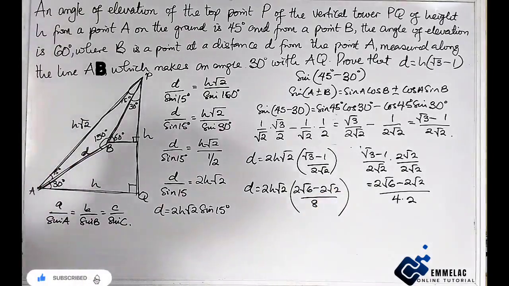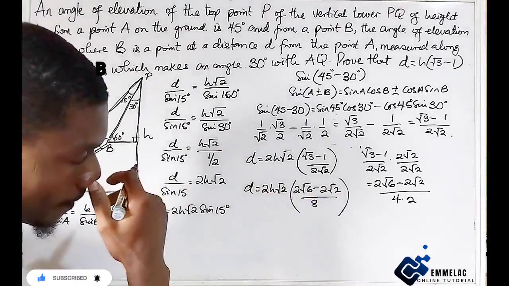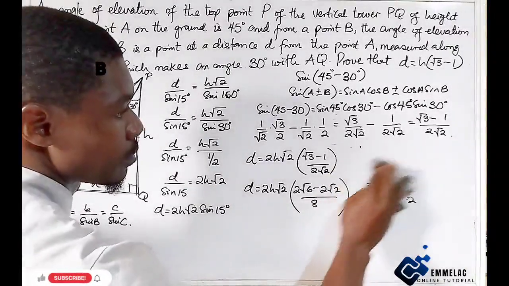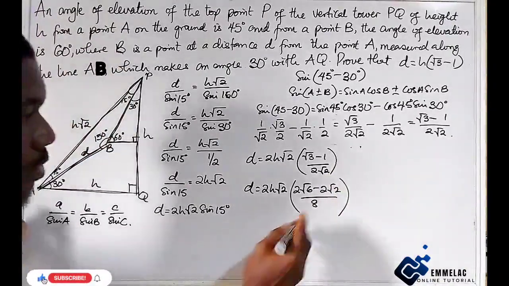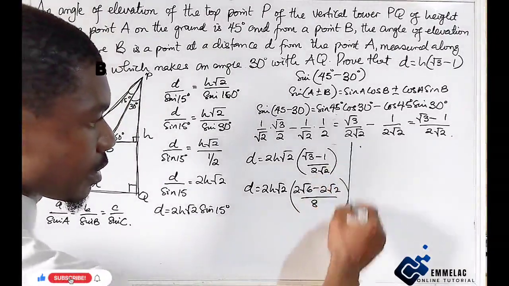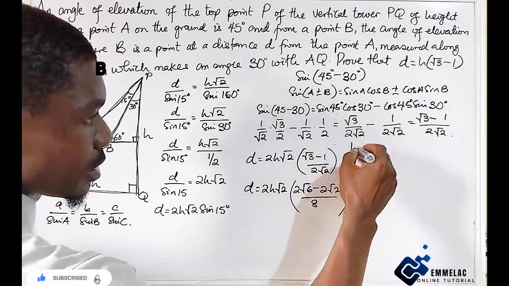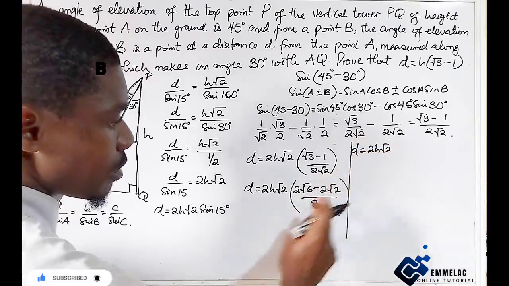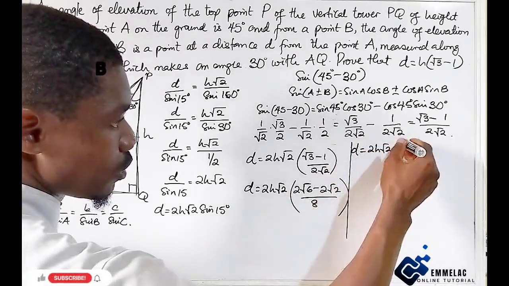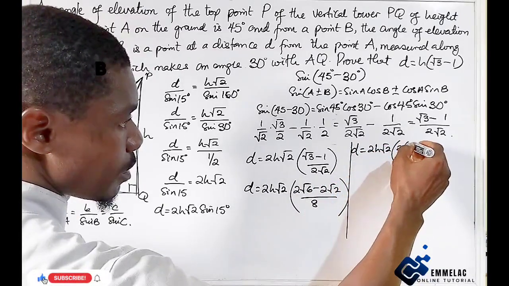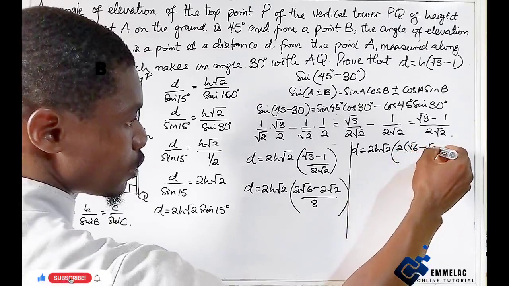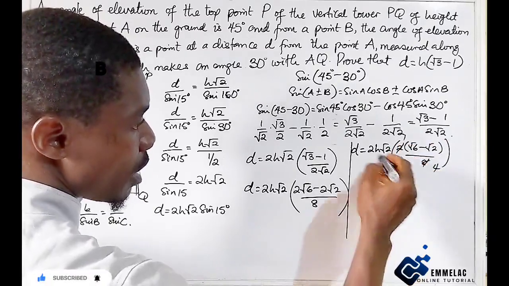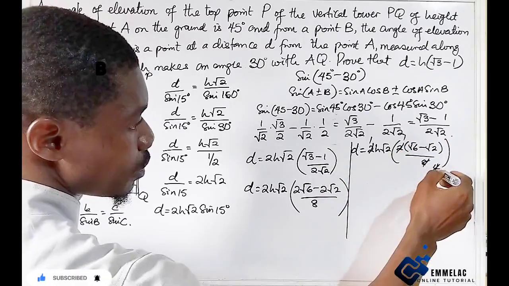You can see that the common factor here is 2, which gives 2 into root 6 minus root 2 all over 8. So 2 here 1, 2 here 4, and 2 here 1, 2 here 2.